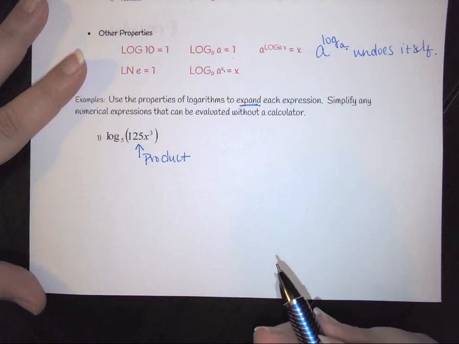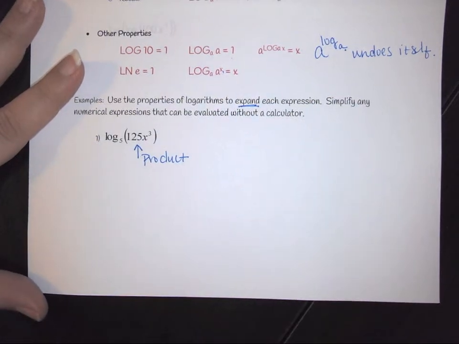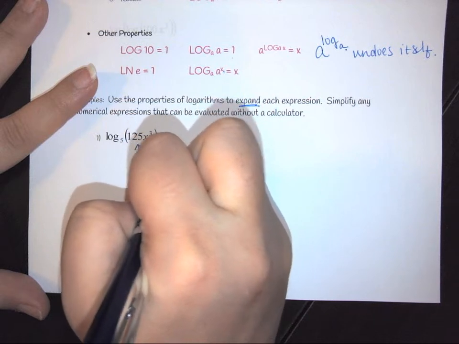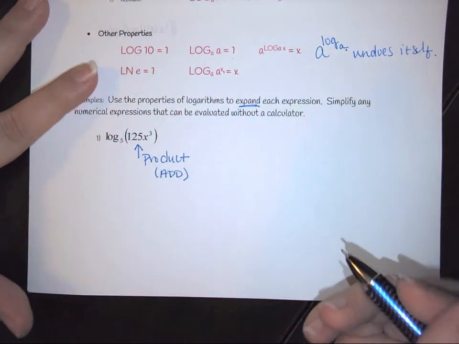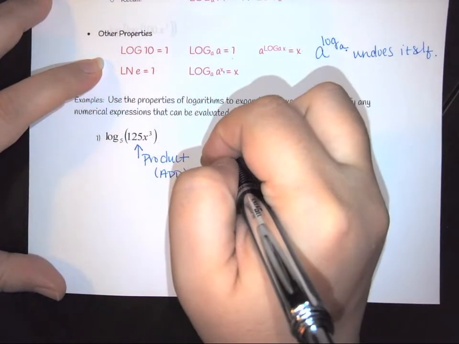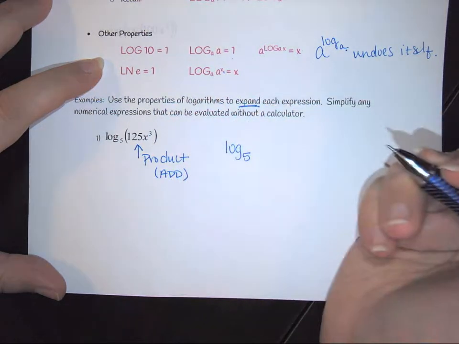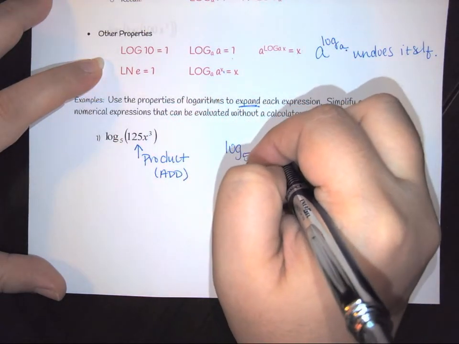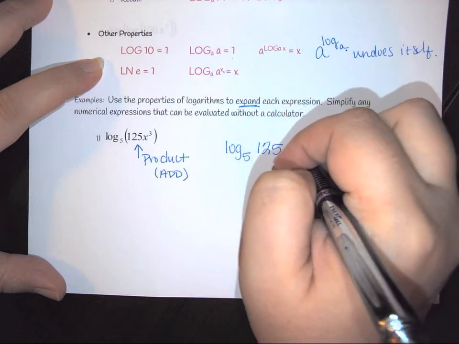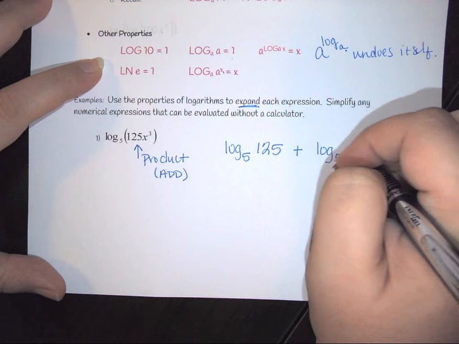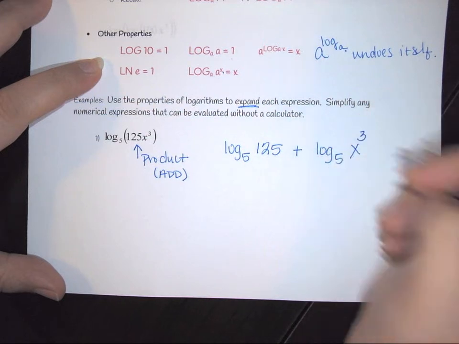Therefore, when we expand, it means we have to add. So product rule means that we need to add your logs together. So this is going to become the log base 5 of the 125, and I'm going to add it to the log base 5 of x cubed.